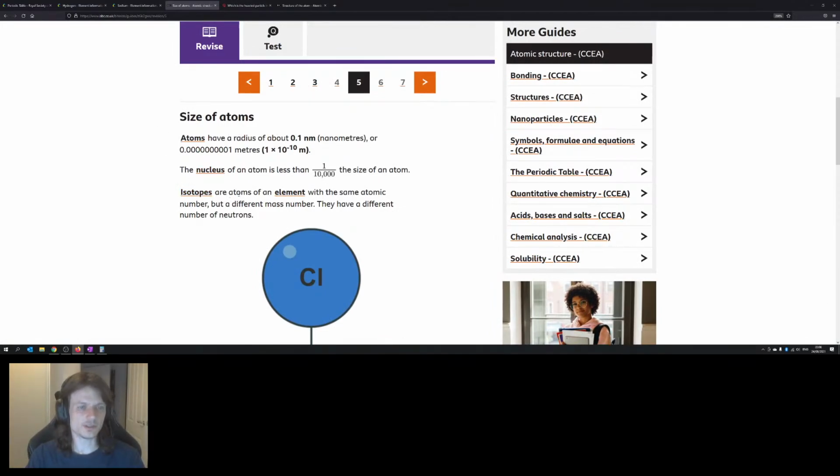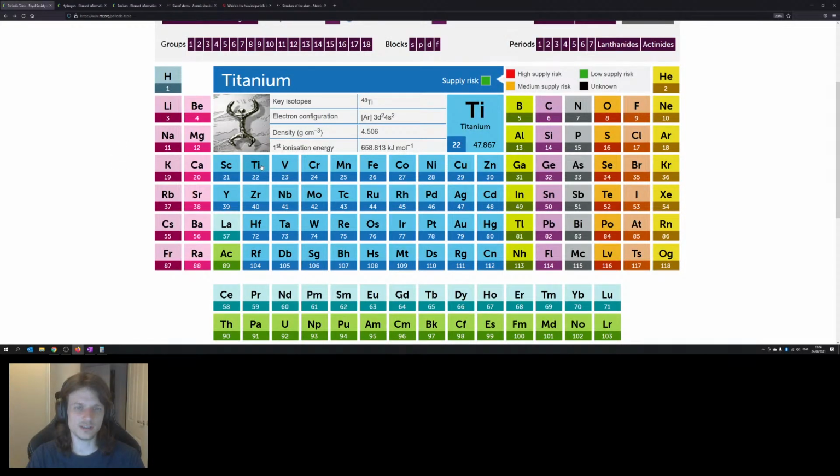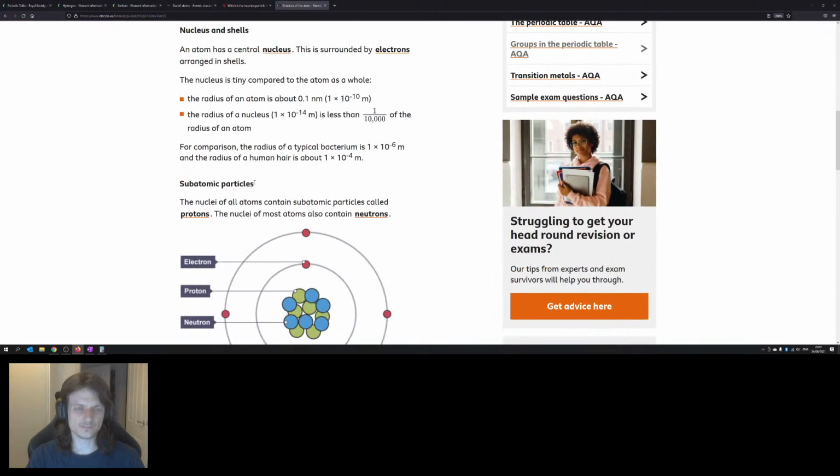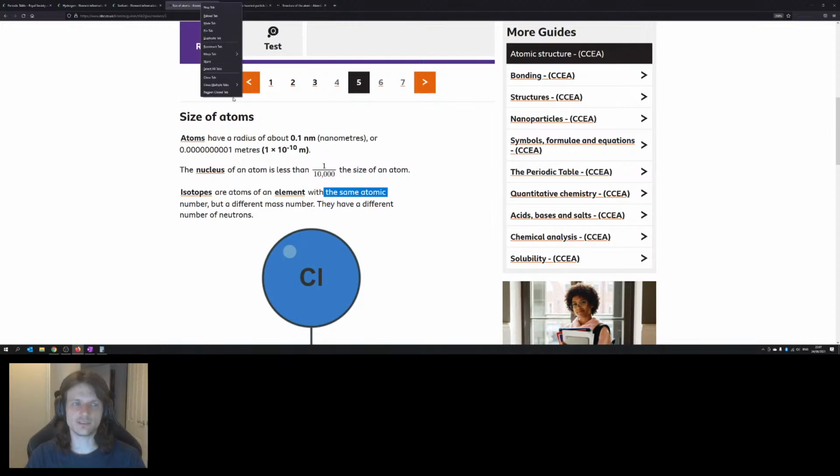Isotopes are atoms of an element with the same atomic number but a different mass number. So this is same atomic number but different mass number. I don't know if that's described very well, in fairness.